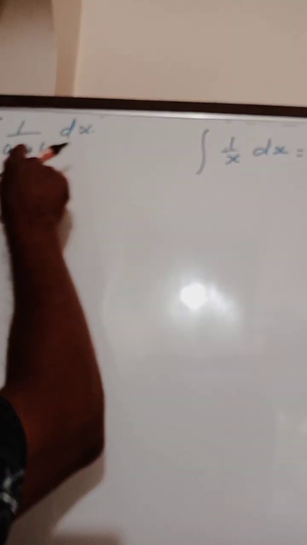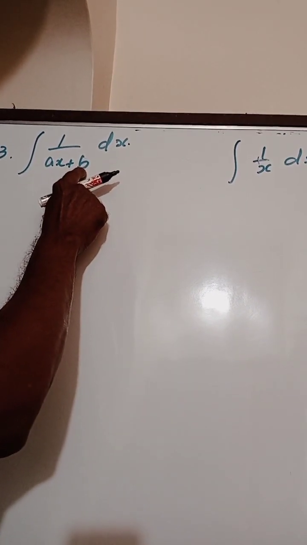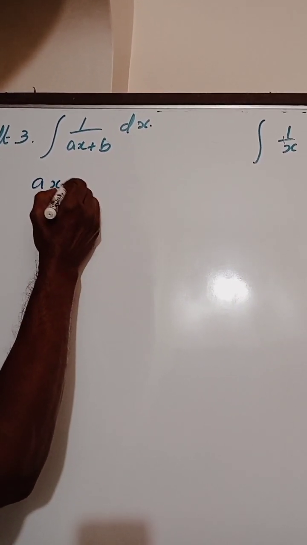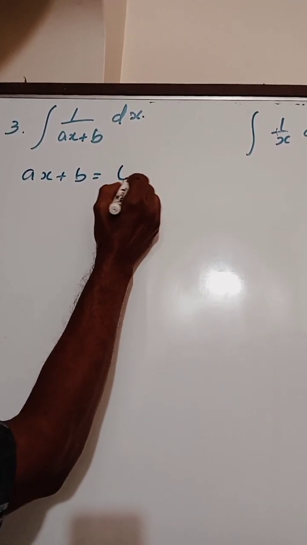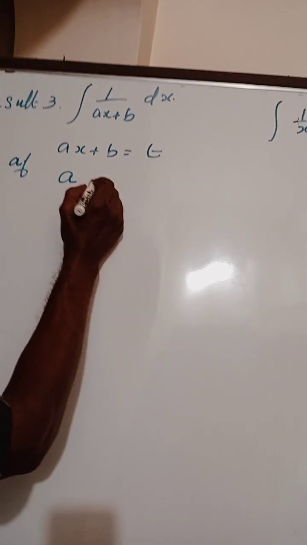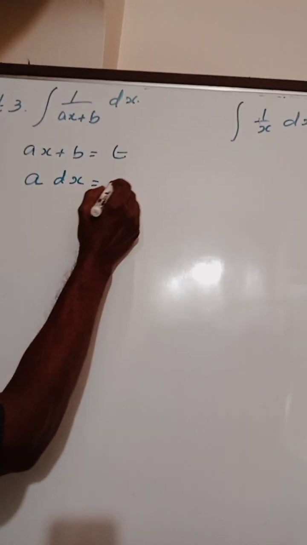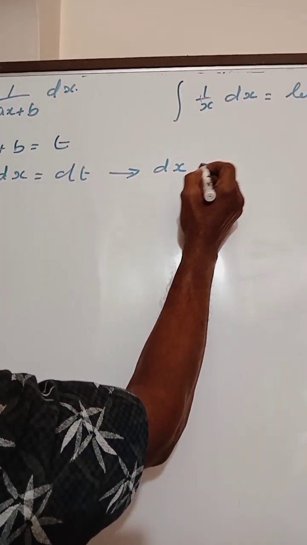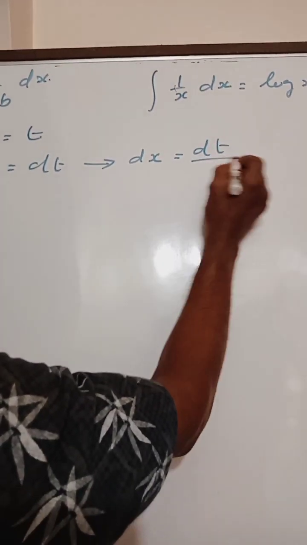Instead of x, here ax plus b. So we substitute ax plus b is equal to t. Differentiate. A dx is equal to dt, implies that dx is equal to dt by a.